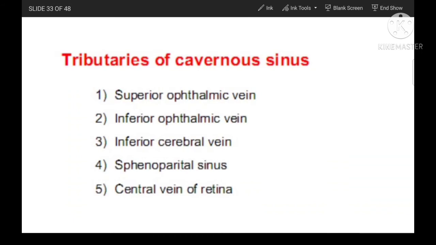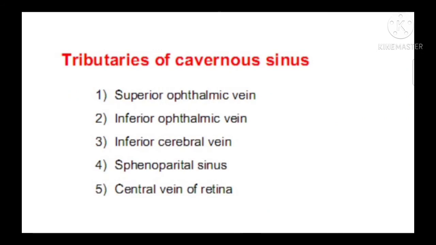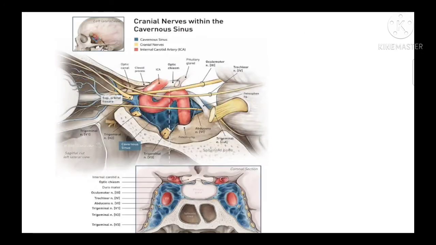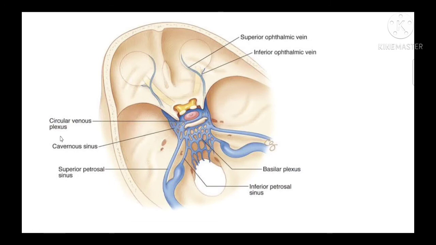The sphenoparietal sinus receives some diploic veins, meningeal veins, or cerebral veins. The intercavernous sinus is also called the coronary sinus, and you can see here, we have two intercavernous sinuses, anterior and posterior. They also call it the coronary sinus.